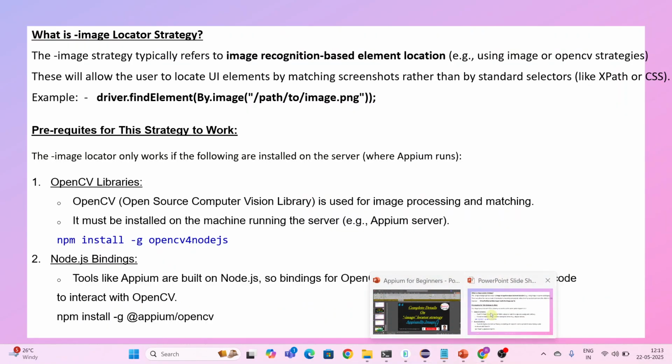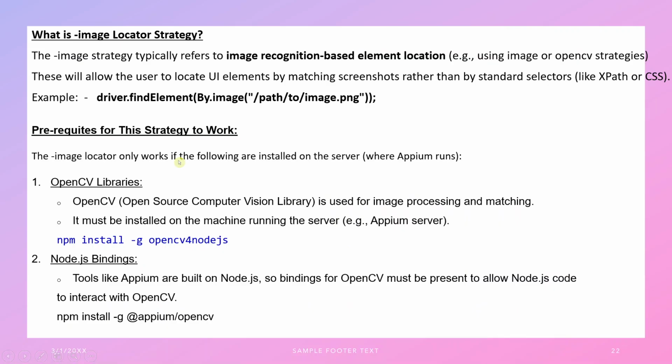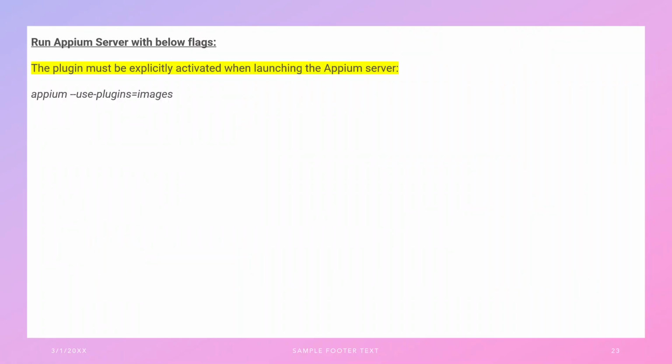So coming back here, these are the prerequisites to work with the image locators. One more thing we need to keep in mind when working with these image locator strategies is that we need to start the APM server with the below flag.